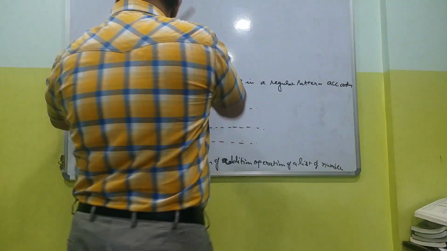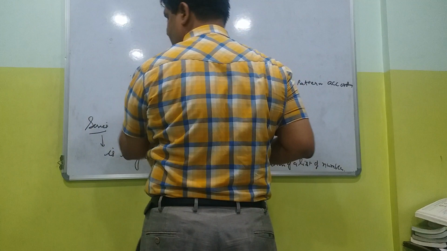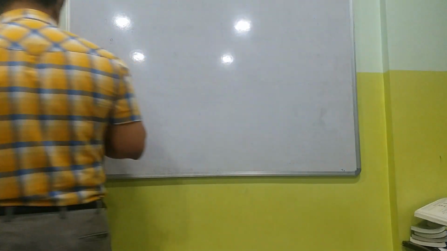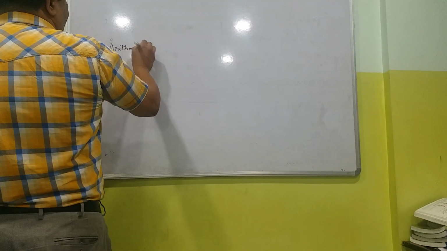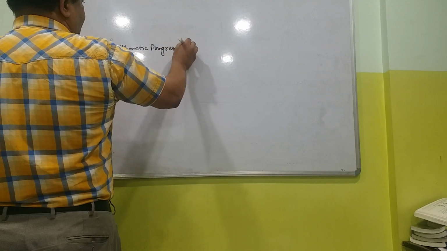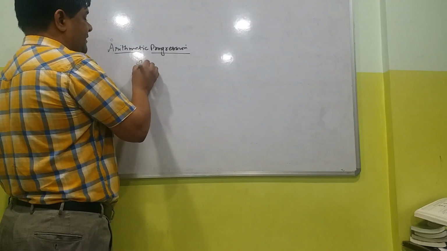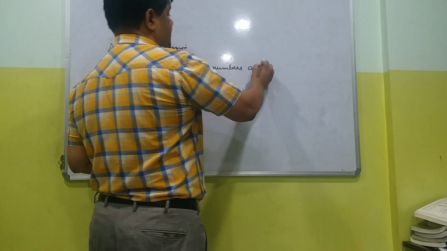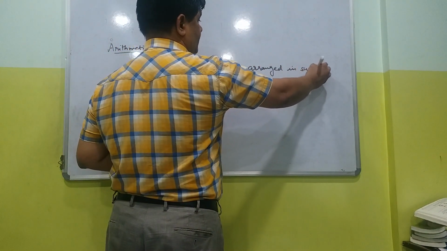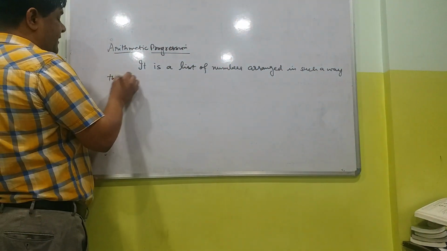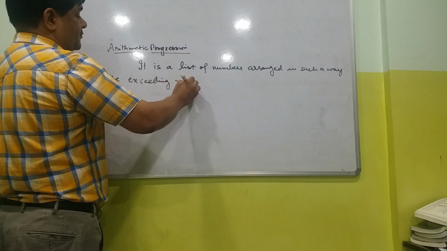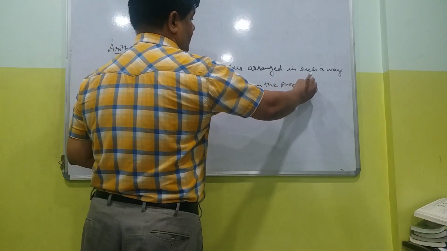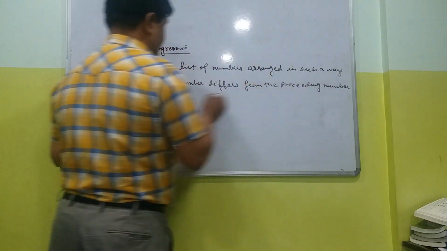Then we come to arithmetic progression. In arithmetic progression, it is a list of numbers arranged in such a way that the succeeding number differs from the preceding number by a fixed number या by a constant number.